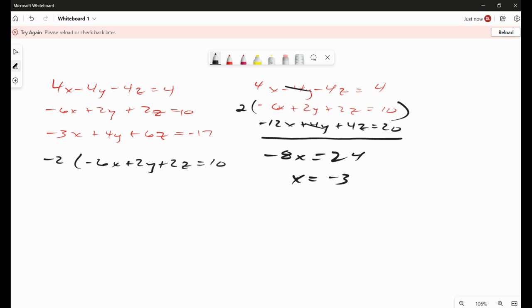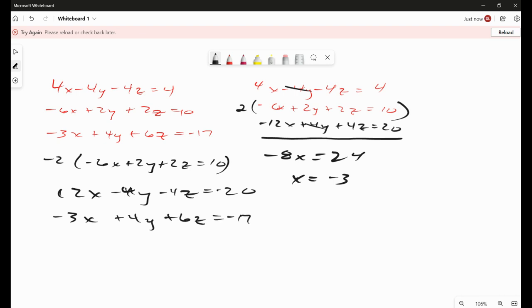So I'm taking this one here and I'm going to get 12x minus 4y minus 4z equals negative 20. Okay, and that's a 12. And then I'm going to keep this one the same. So I get negative 3x plus 4y plus 6z equals negative 17.